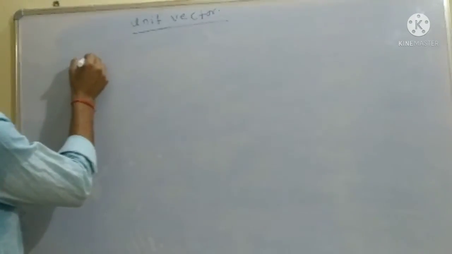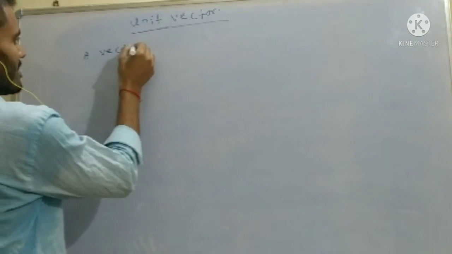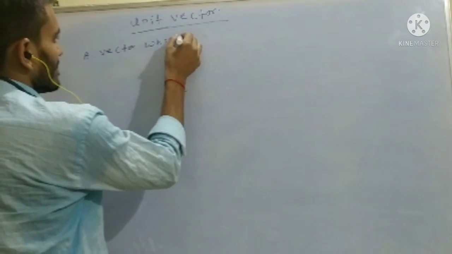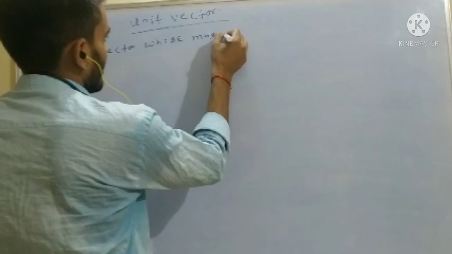They simply call a vector whose magnitude is 1 a unit vector.